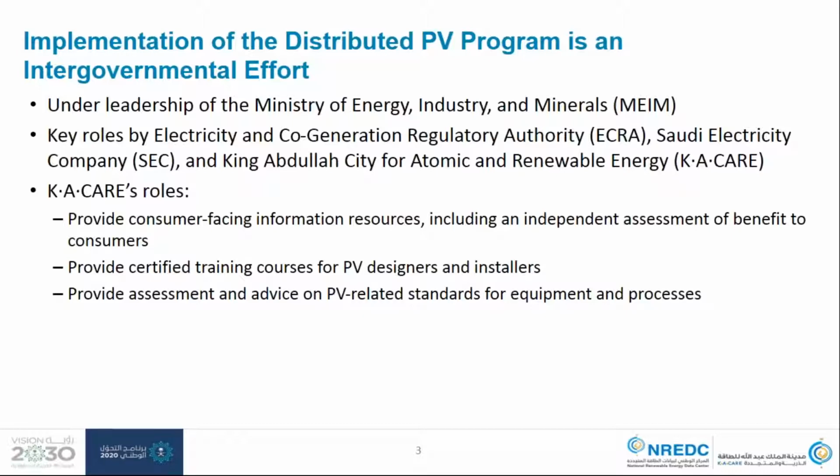There has been discussion of a plan to move to a market-based electricity system, but it is still currently operated by a national monopoly utility company, the Saudi Electricity Company. Those agencies are all involved with KA Care, my agency.